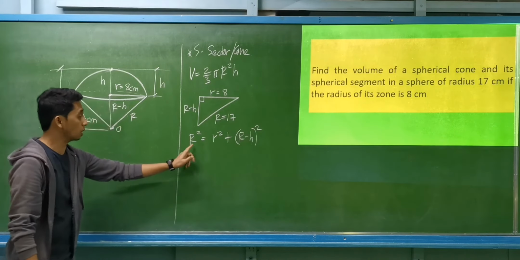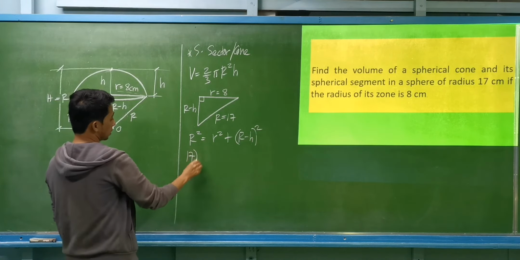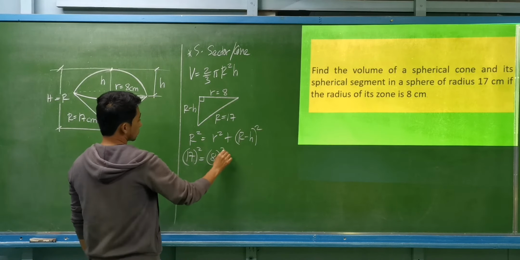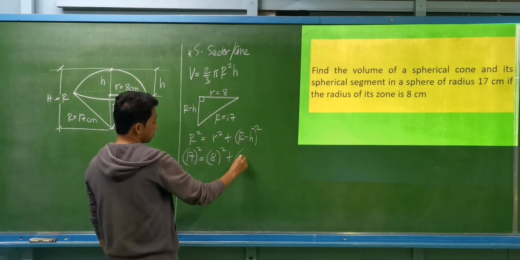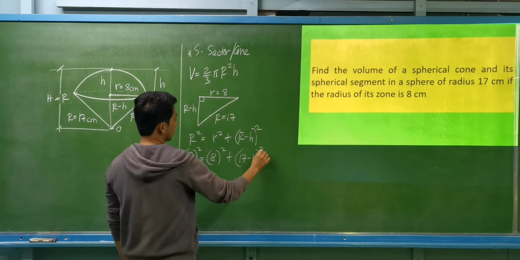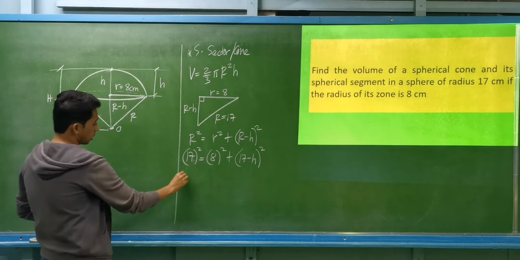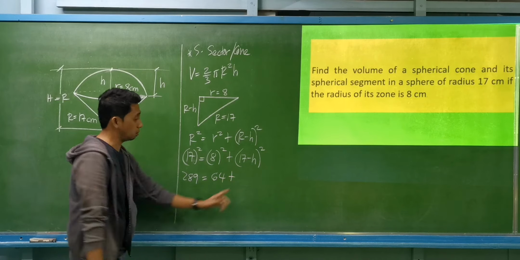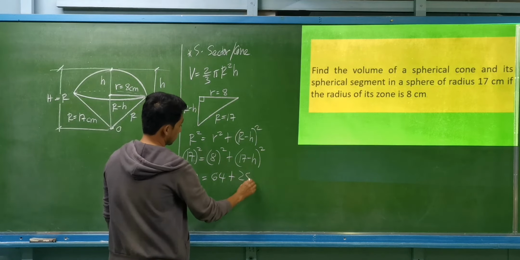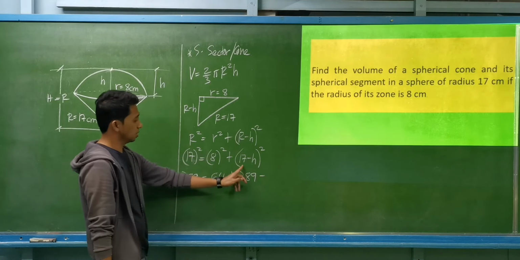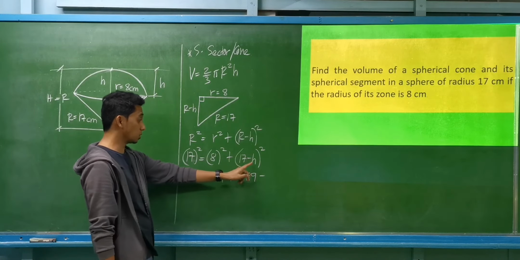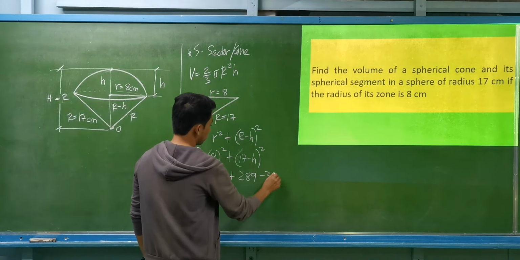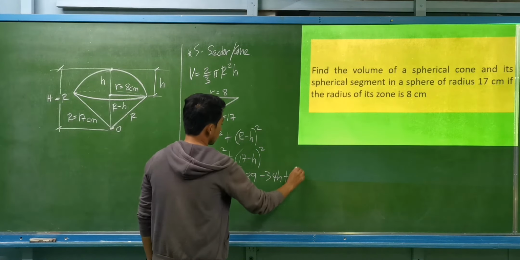So we substitute. The radius of the sphere is 17 squared, equal to the radius of the zone, 8 squared, plus the quantity 17 minus h, squared. 17 squared is 289, equal to 64 plus, when we expand this, 289 minus twice 17 times h, which is negative 34h, plus h squared.